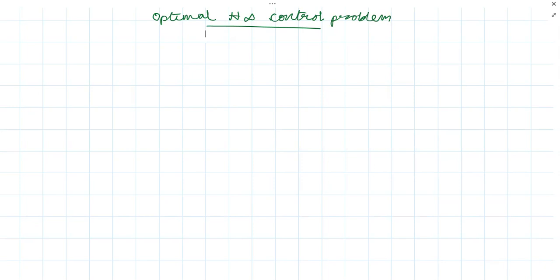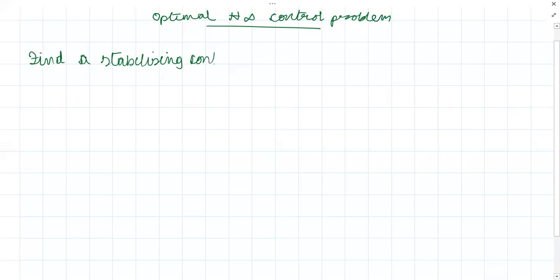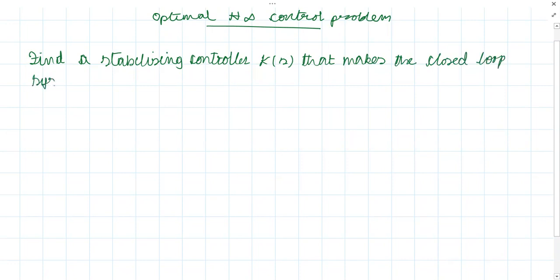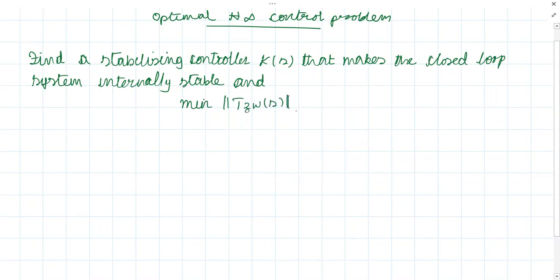So this is a control statement. Find a stabilizing controller K of S that makes the closed loop system internally stable and minimizes the infinity norm of this from W to Z. So K of S must be stabilizing.